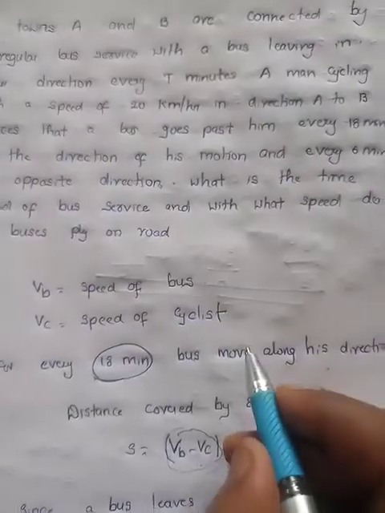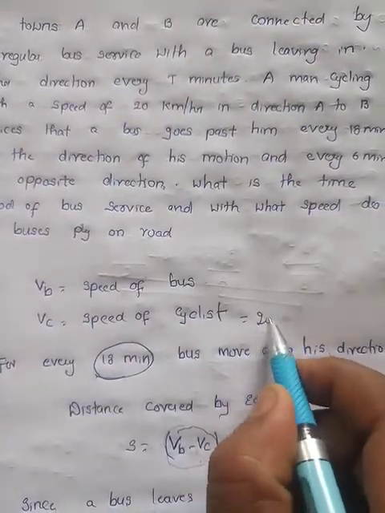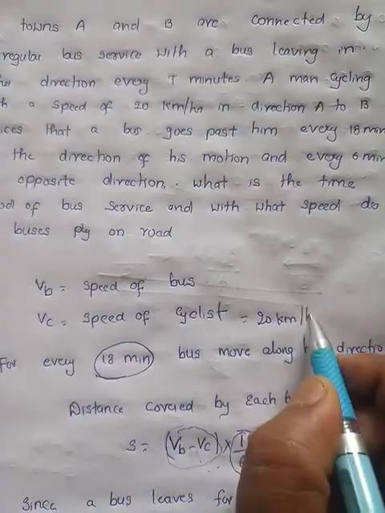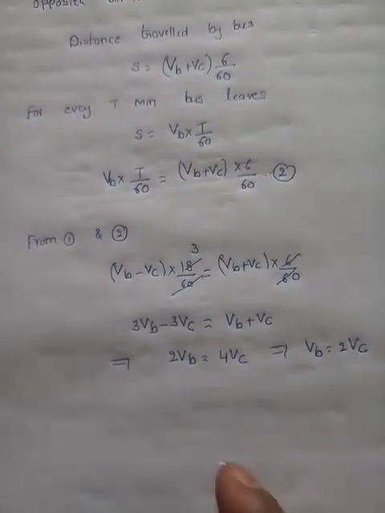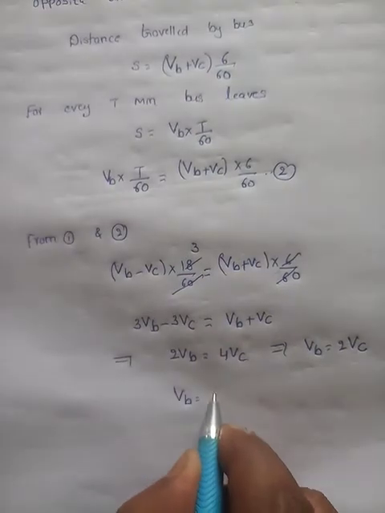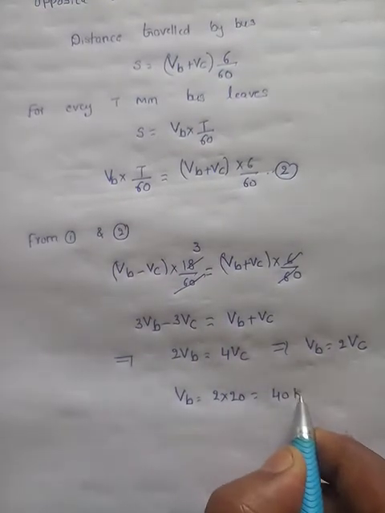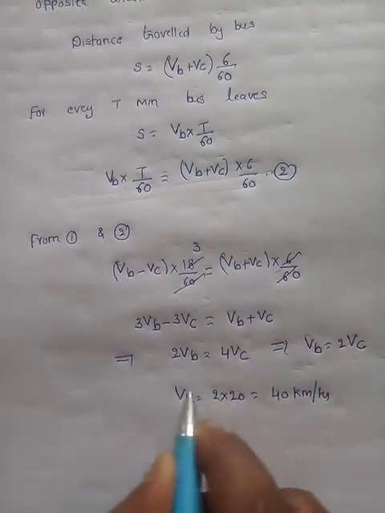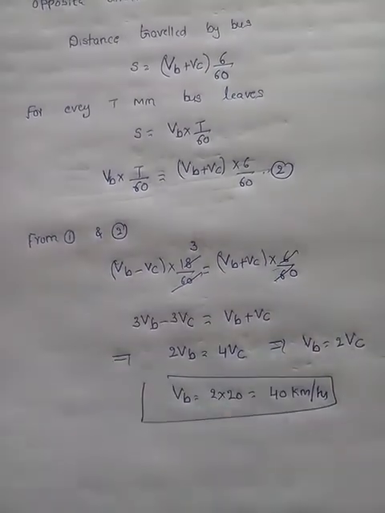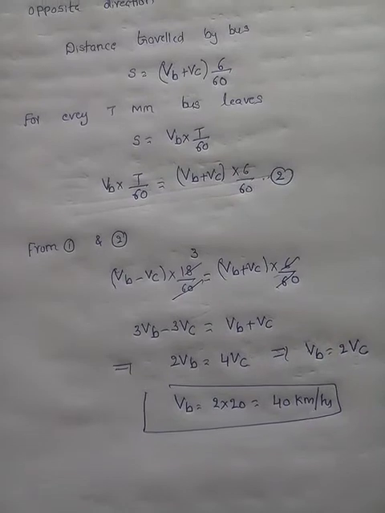First only they gave the velocity of the cyclist, how much? 20 kilometers per hour. So, we can substitute, right? Finally, what do you get? VB equals 2 into 20, nothing but 40 kilometers per hour. So, the velocity of the buses plying on the road is 40 kilometers per hour.